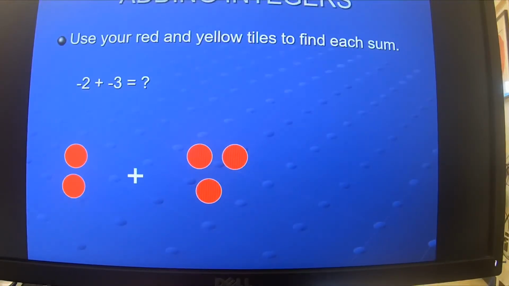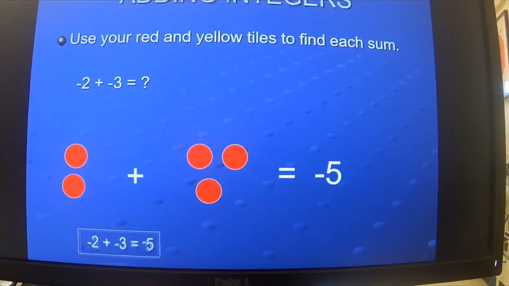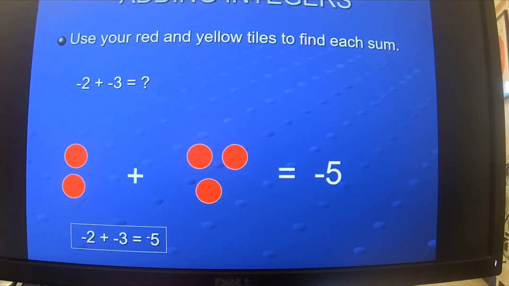And now the question becomes, what's the answer here? Well, pretty straightforward. You have 2 negatives. We've added 3 more negatives to the equation. So in total, we're going to have 5 negatives, or negative 5. And as an actual statement, it would be like this. Negative 2 plus negative 3 equals negative 5.